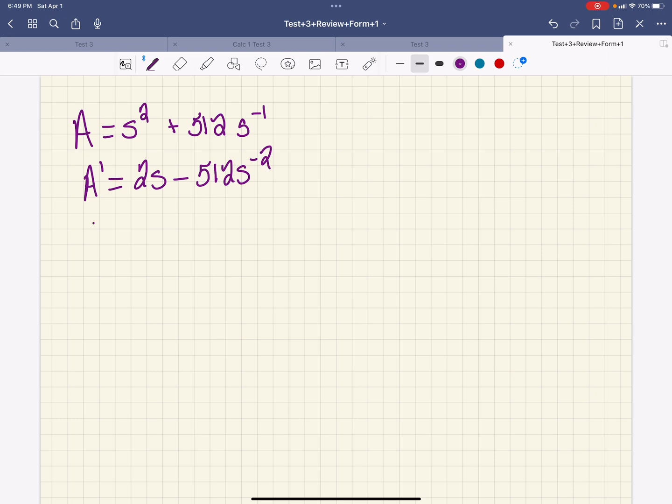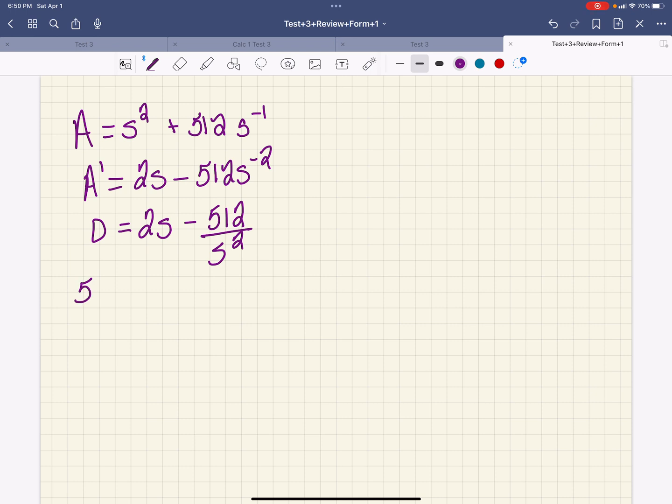So I am going to go ahead and set that equal to 0, and then I'm going to have 2S, and I'm going to rewrite the other term as 432 over S squared in the denominator. I am going to move this over to the other side by adding that to both sides.